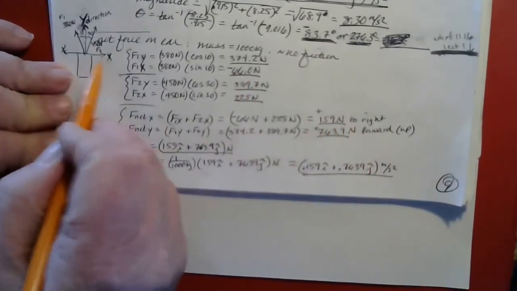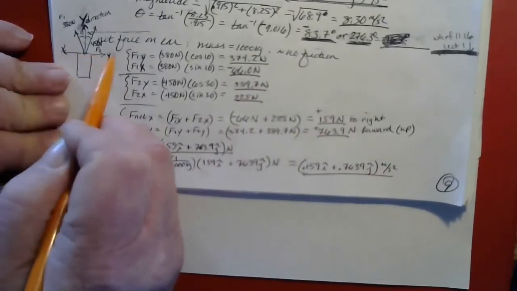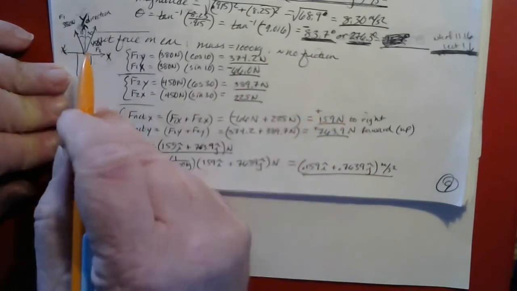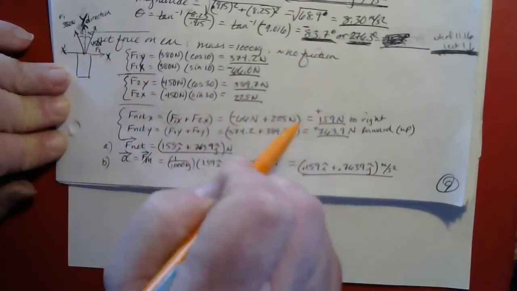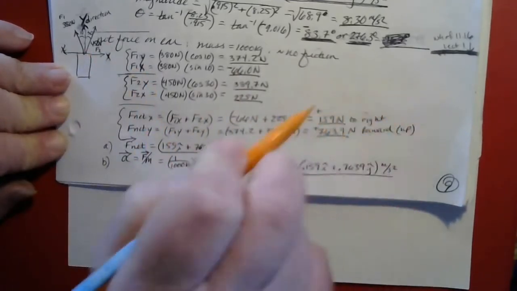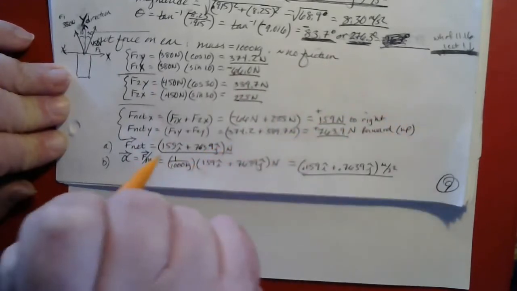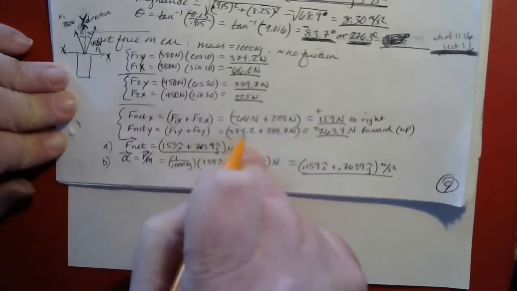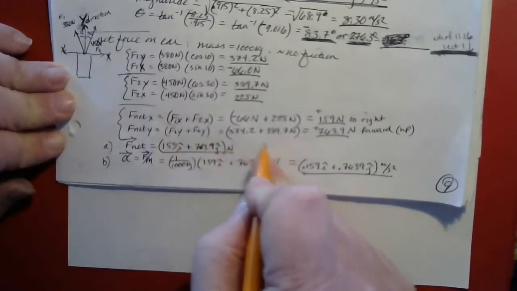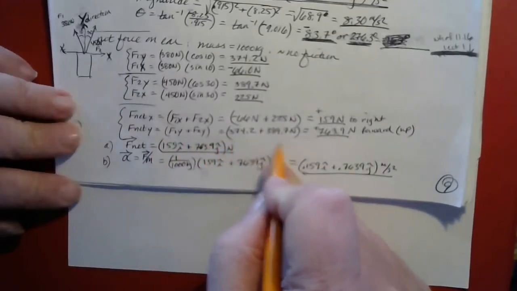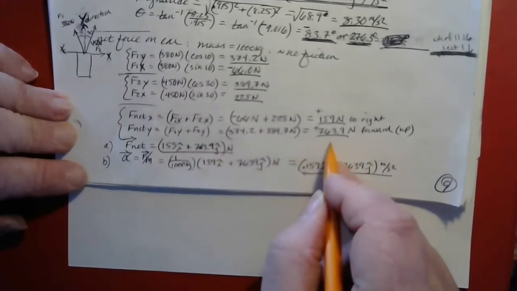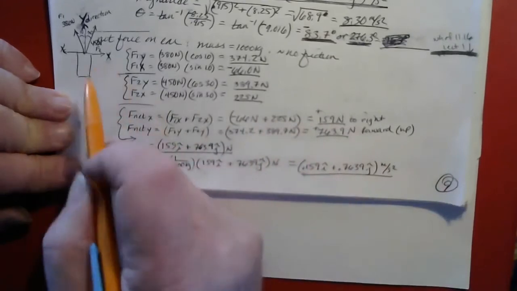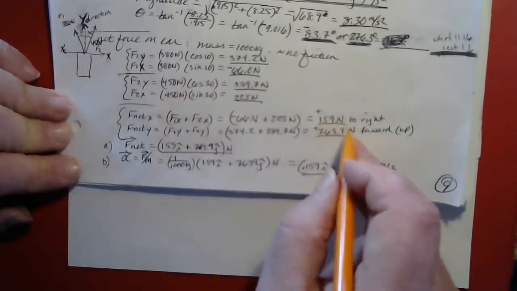The way we normally define positive and negative in the X direction, positive 159 newtons would mean that this force is pulling the car to the right a little bit. In the Y direction, we add up the Y components of the forces. We get 374.2 plus 389.7, which is 763.9 newtons going forward, or up as it's drawn on the paper here.